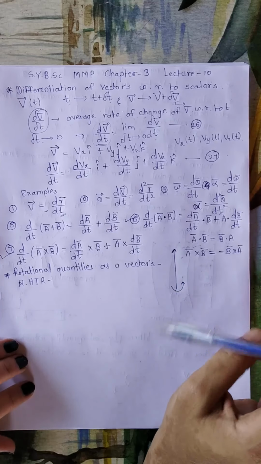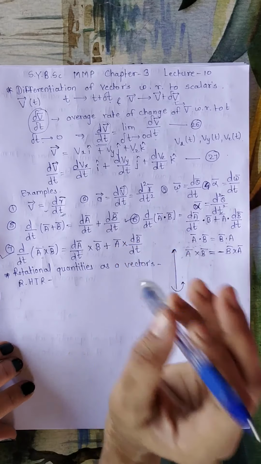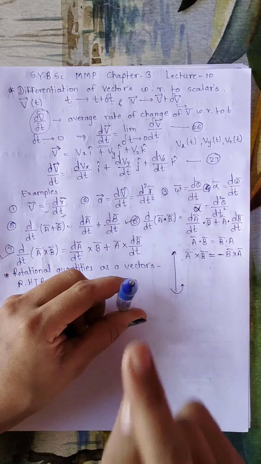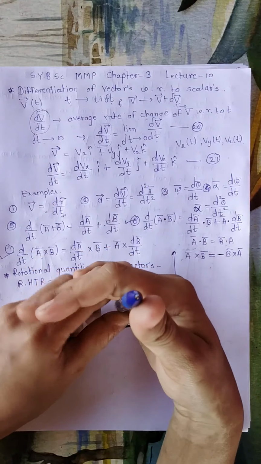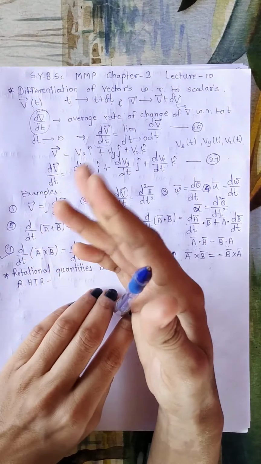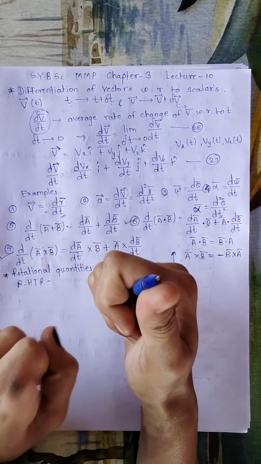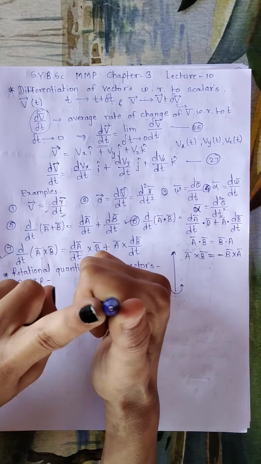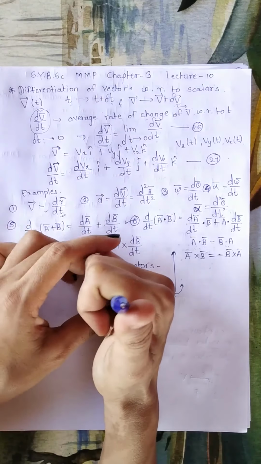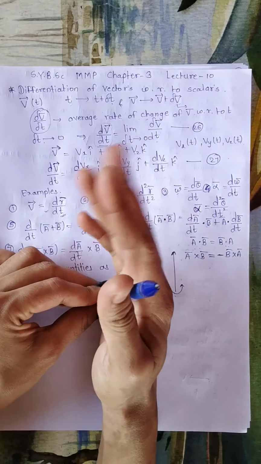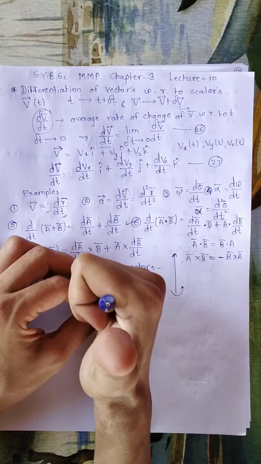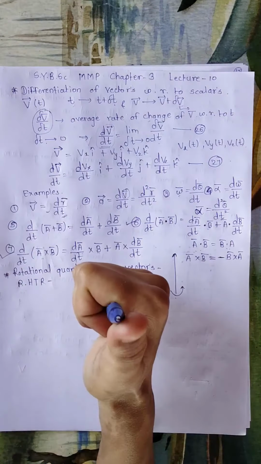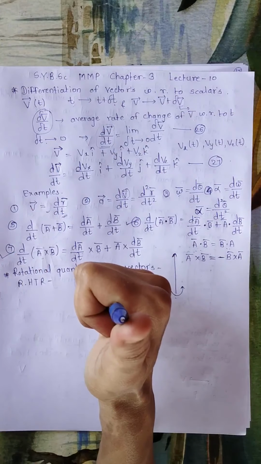If I hold this axis of rotation in my right hand, suppose this pen is my axis of rotation and I am holding it in my right hand, then the fingers which are curled around this axis of rotation, which is directed upward, means the sense of direction is upward, will represent the direction of rotation.